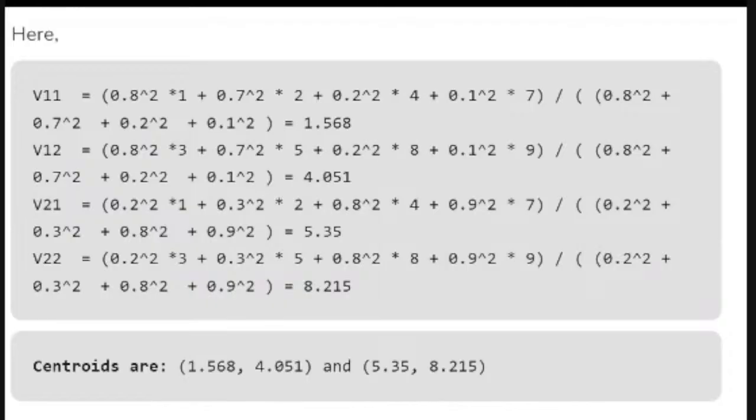Here you have to take 0.8 whole square into 1 plus 0.7 whole square into 2 plus 0.2 into 4 plus 0.1 whole square into 7, divided by the same 0.8 whole square plus the rest.